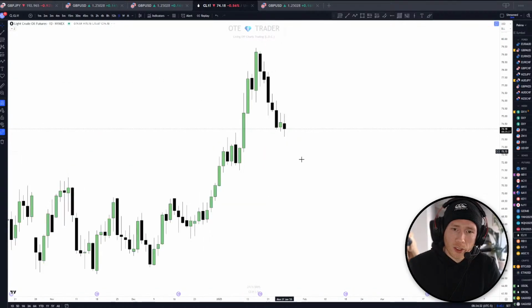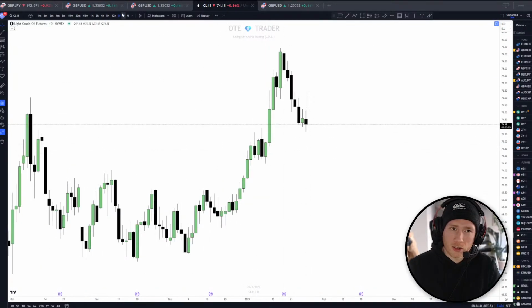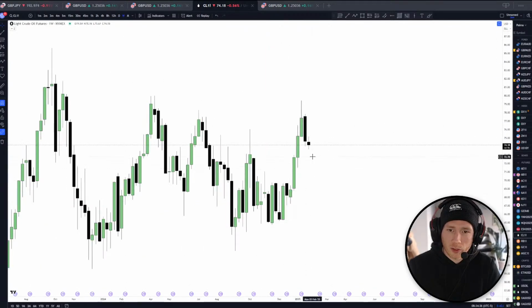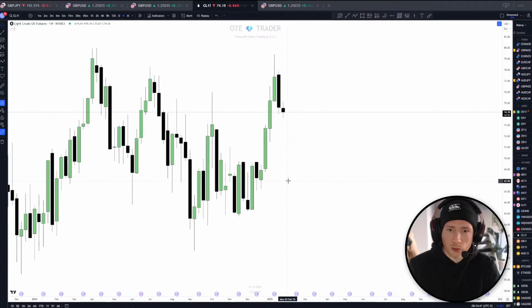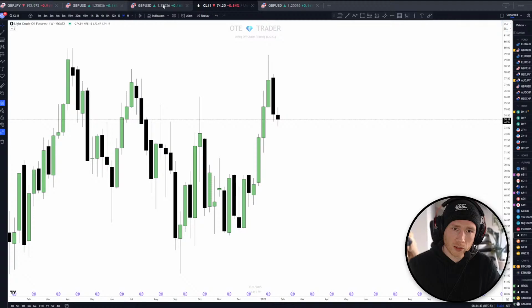I would not long here, even though there's a daily fair value gap that looks like it's in discount. Weekly makes me very uncomfortable here. But like I said, I have no clue where this will go, so I can't give you an accurate bias here.